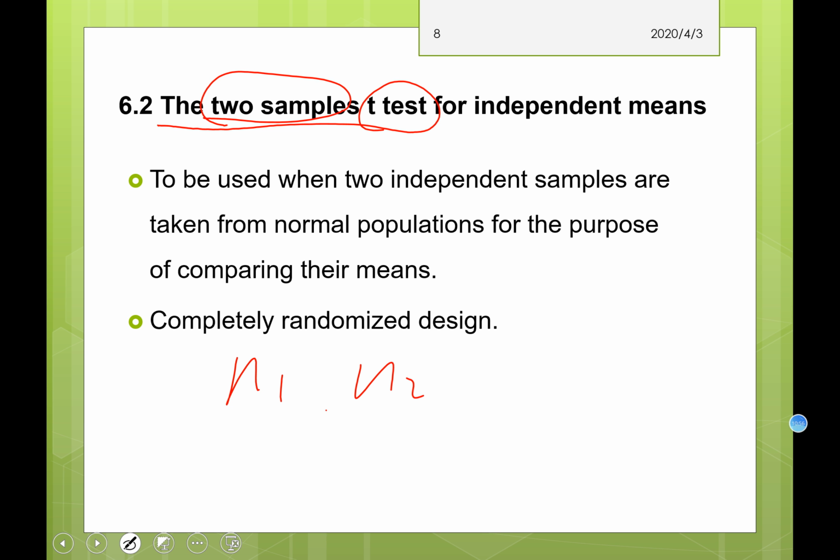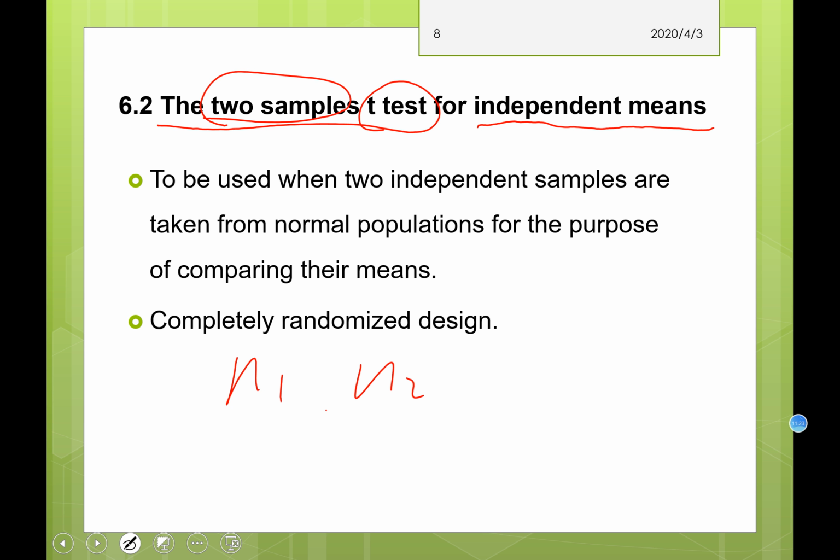And we can find that this method is used for independent means. That's very special, and different from the paired samples. We said that paired means matched. There will be some special relationship between 2 patients or 2 individuals.